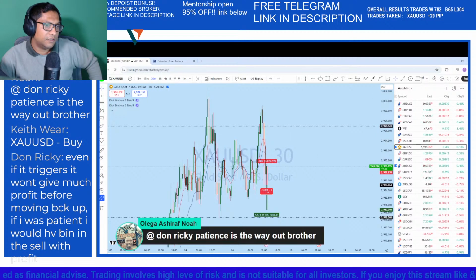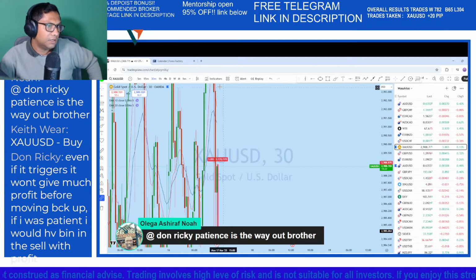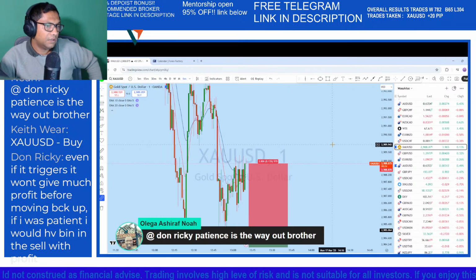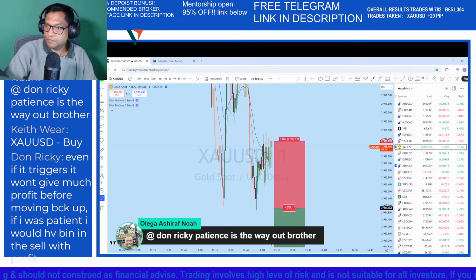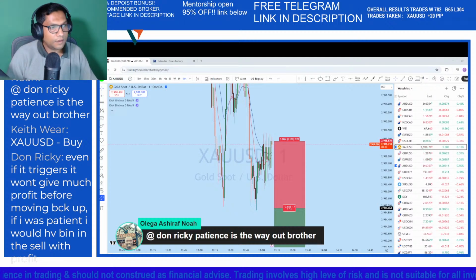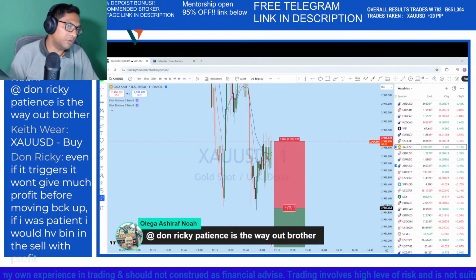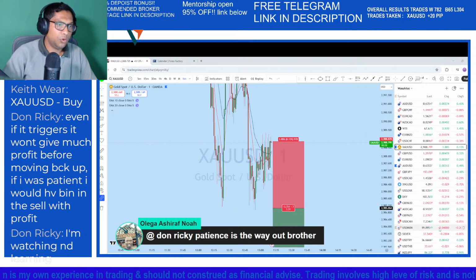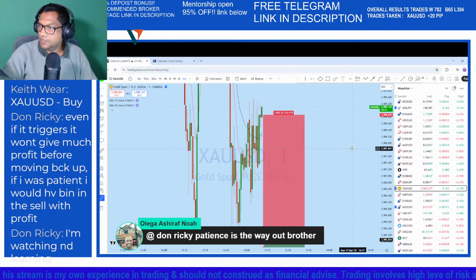So looking at the 30 minutes, okay, so after multiple liquidity grabs here, we may see that the price, okay, getting an upside here.